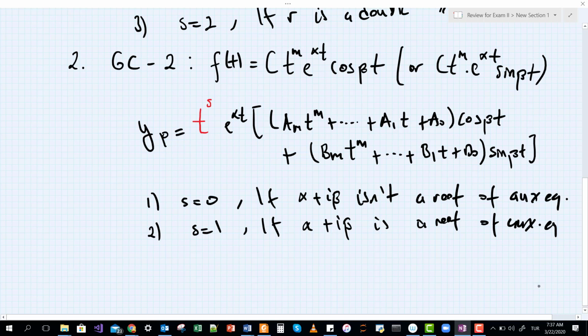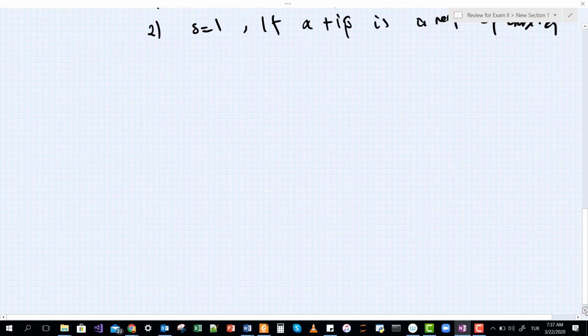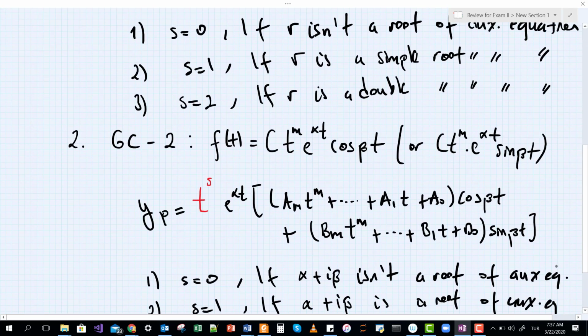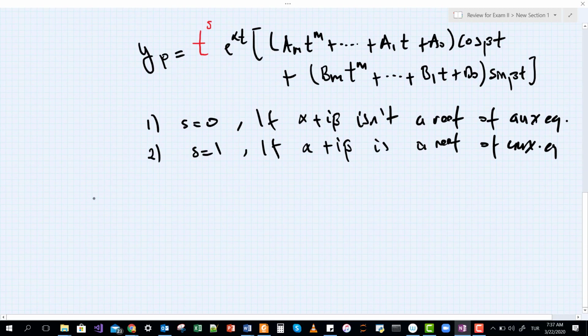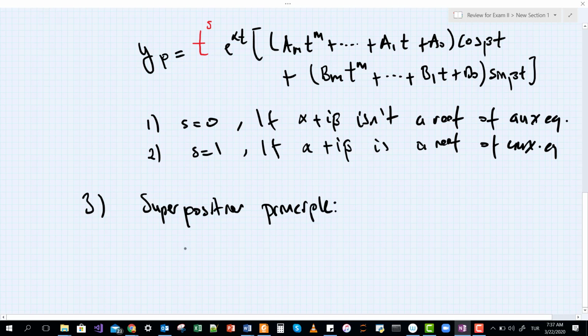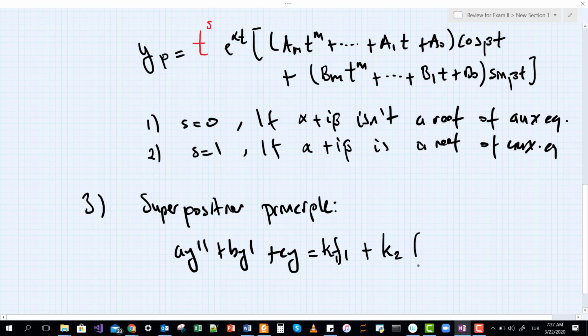Okay, we had some other rules you will remember. Look at the superposition principle, which we did in the last class. It was about this case. Let's say I have a second order differential equation, but this time I have two functions on the right hand side.